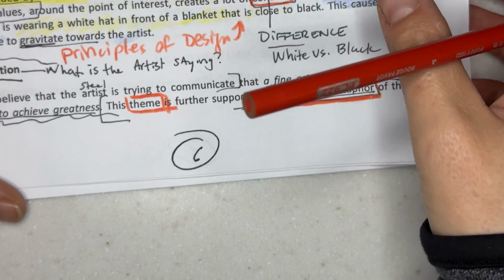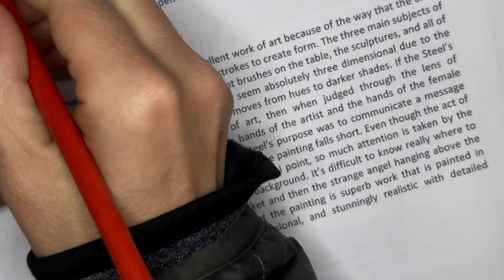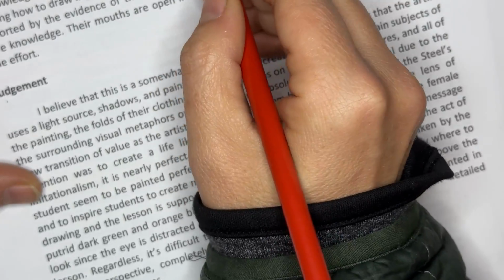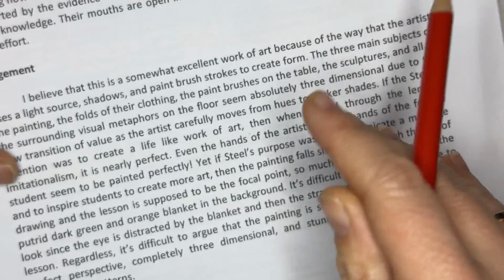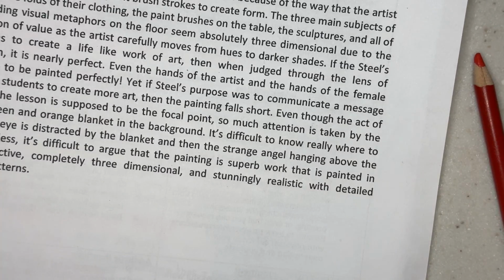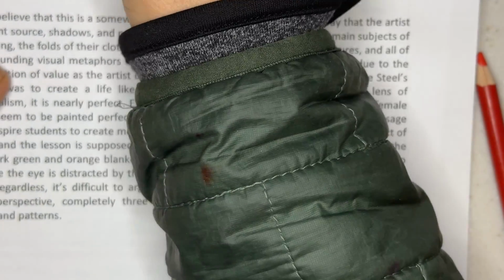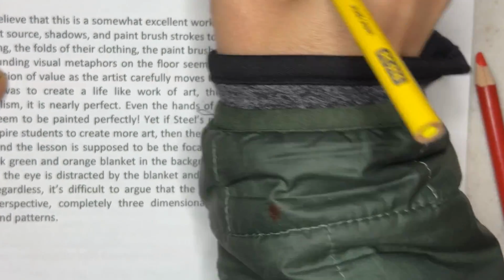The theme is further supported by the visual metaphor of the painting on the right side of the composition surrounded in light. Okay, the light, so the painting on the right side is surrounded by light, that's a fact.